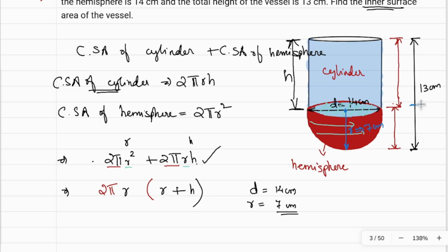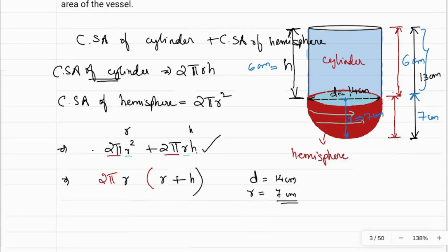So from here till here, the value is 13 minus 7, which is equal to 6. That means h equal to 6 centimeter. Total height is 13 centimeter.